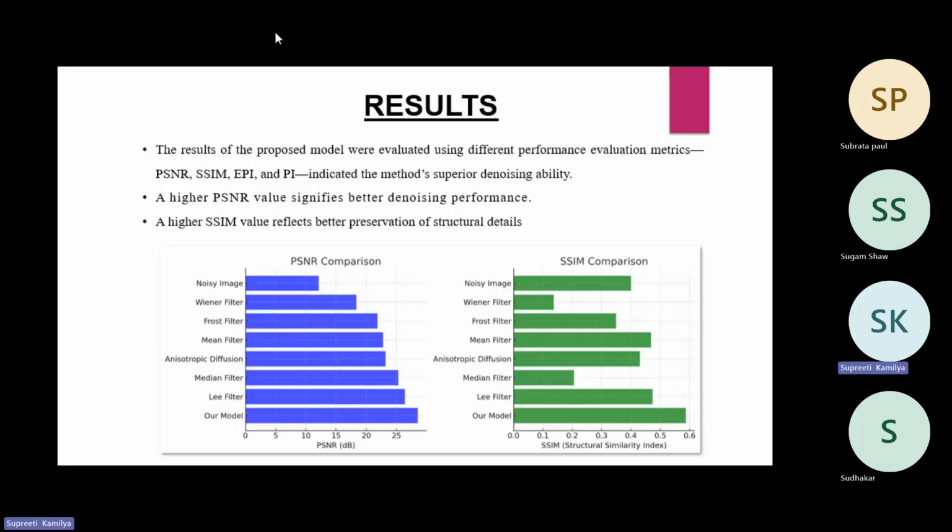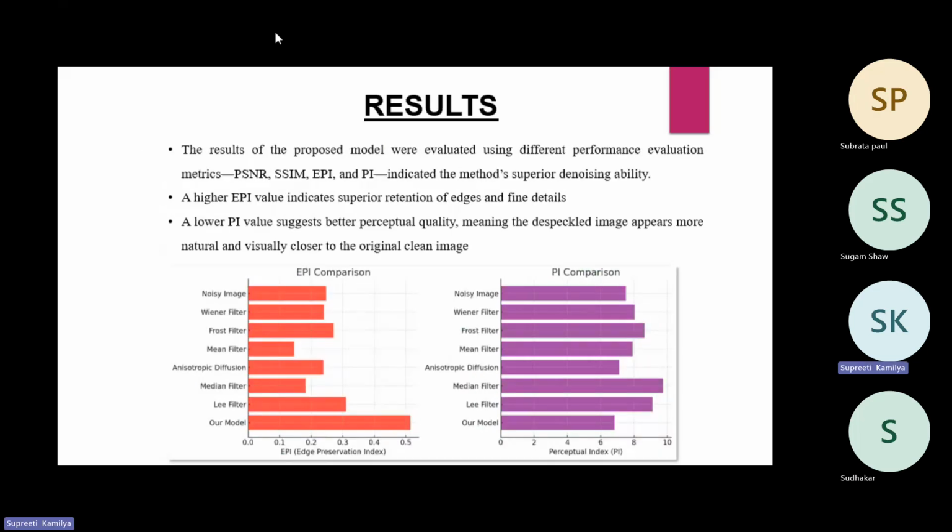Second is the structural similarity index measure, which checks whether the structure of the original and the denoised image are somewhat the same or not. A higher value represents better preservation of structures. Next metric used here is EPI, the Edge Preservation Index, which tells us whether the edges have been preserved after denoising. A higher value indicates better performance.